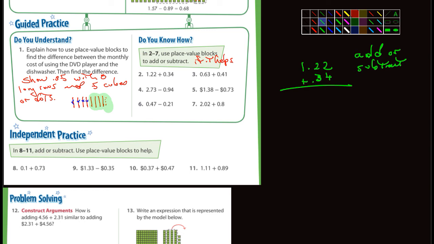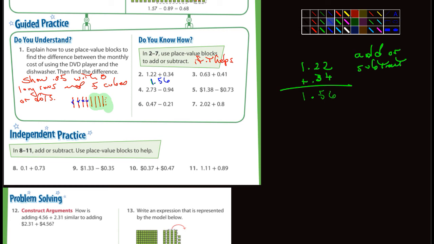So what's 4 plus 2? That's 6. What's 3 plus 2? That's 5. Bring the decimal straight down, and then it's 1. So the answer to number 2 is 1.56.